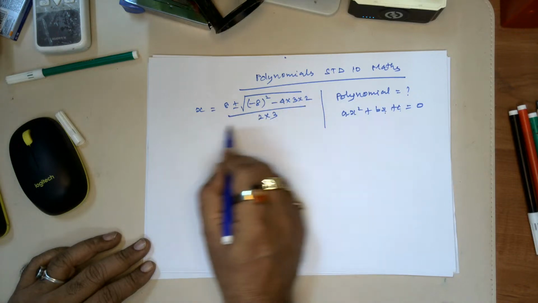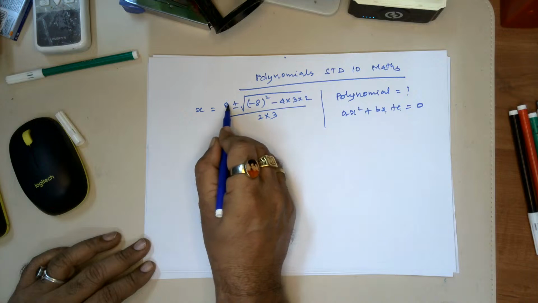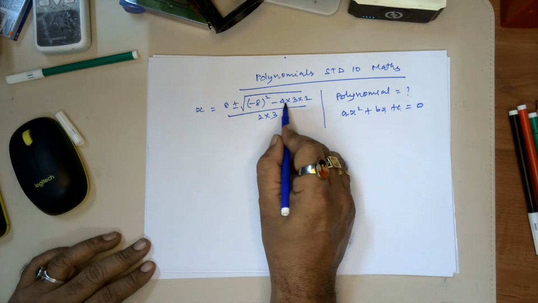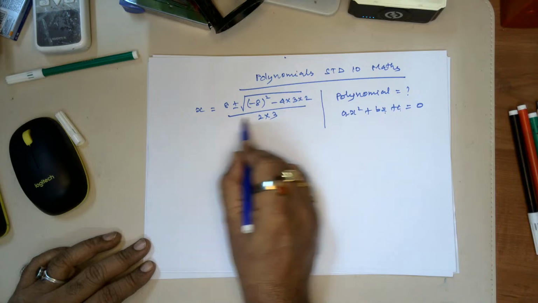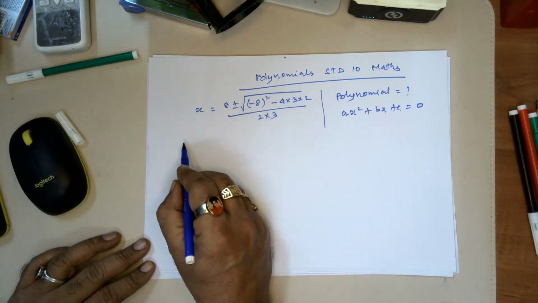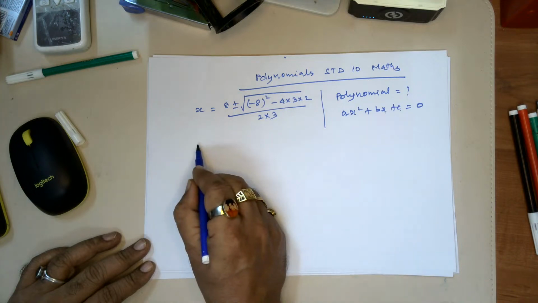Now let us try this sum. The given sum is x is equal to 8 plus or minus the whole square root of (minus 8) squared minus 4 into 3 into 2, whole divided by 2 into 3. Now let us compare with the solution for quadratic equation.